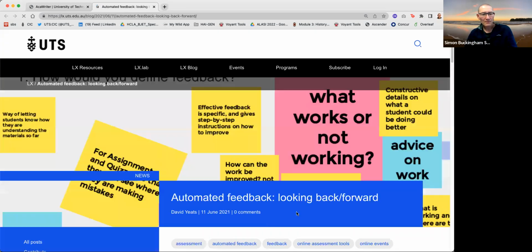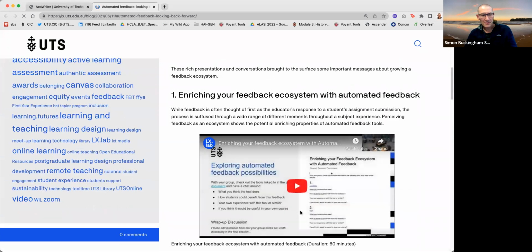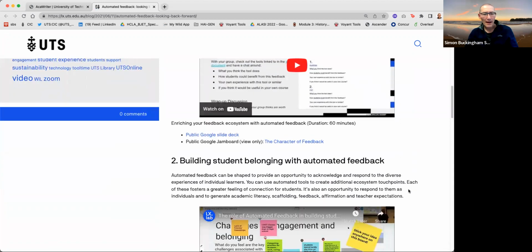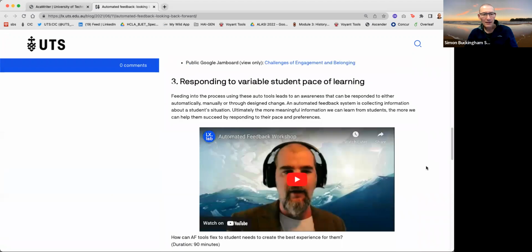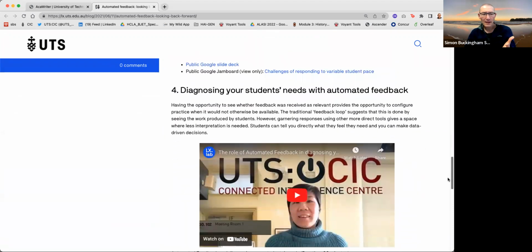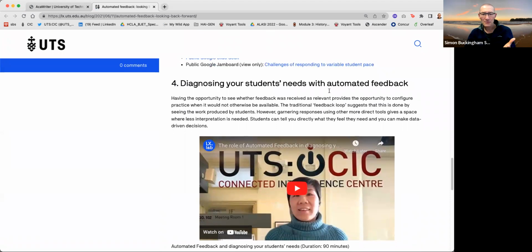So, for example, this is the site. How can you enrich your whole feedback ecosystem with automated feedback? How do you build student belonging with automated feedback? How do you try and address variable student pace of learning using automated feedback? And how can you help diagnose your students' needs with automated feedback?